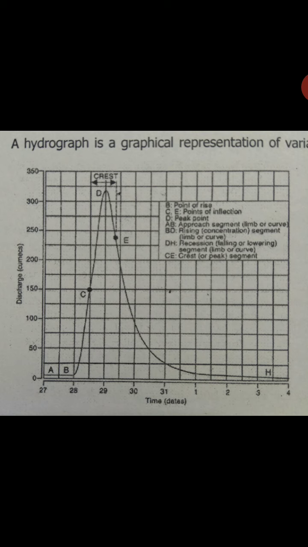The first one is basin characteristics, second is infiltration characteristics, and the third one is channel characteristics. In the basin characteristics, there are shape, size, slope, nature of the valley, elevation, and drainage density. These points come under the basin characteristics.